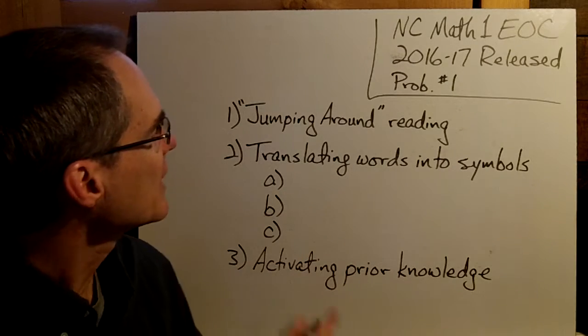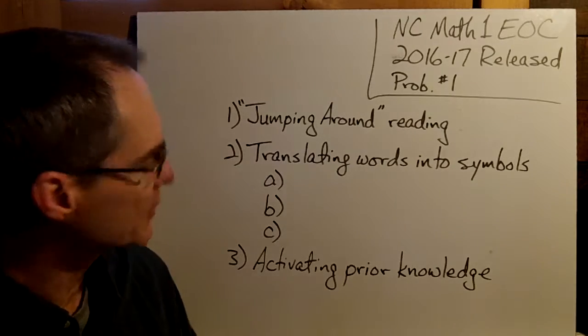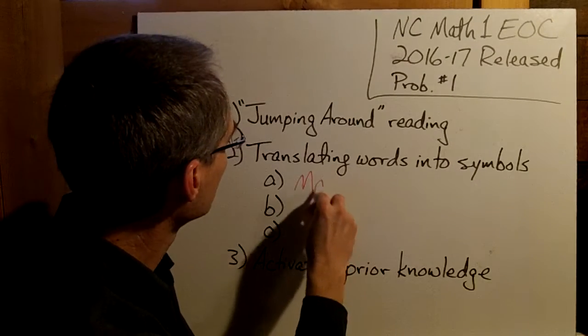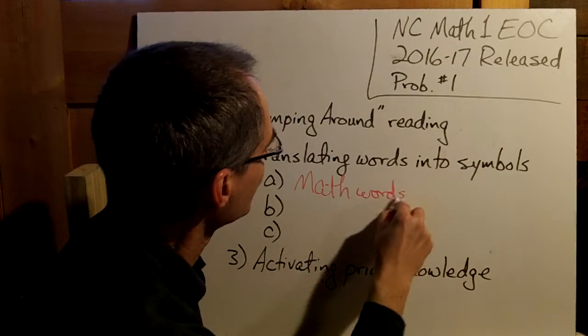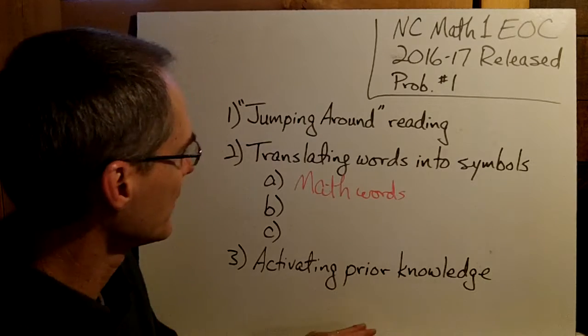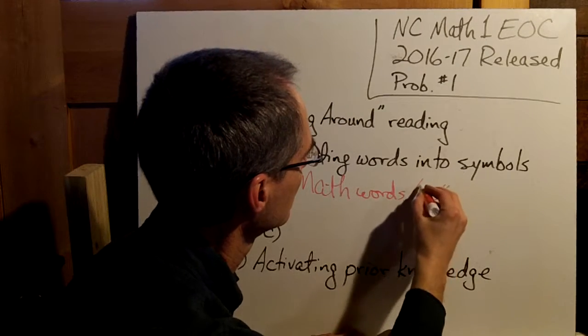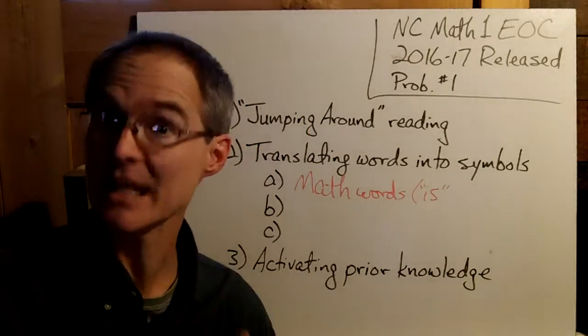Another strategy that I used: translating words into symbols. And you saw me doing this in a few different ways. One way is we talked about something called math words. And in particular for this problem, the words "is," which we noted in math problems very often means equals.